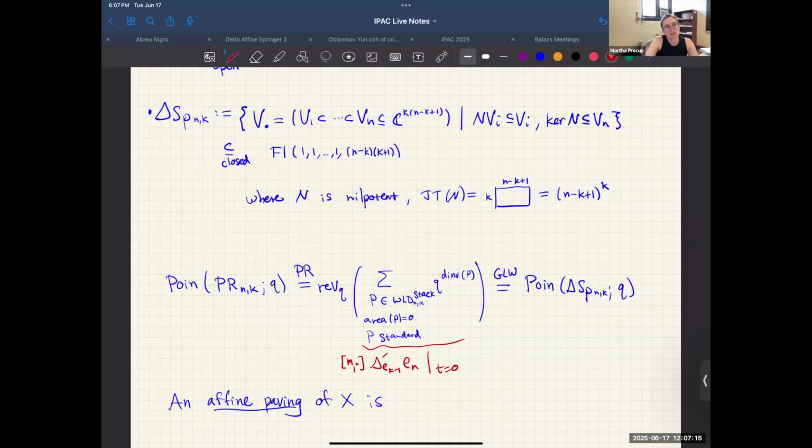So you think of it as cell dimensions in your delta Springer fiber, and that's why it is natural for that to be the variable.